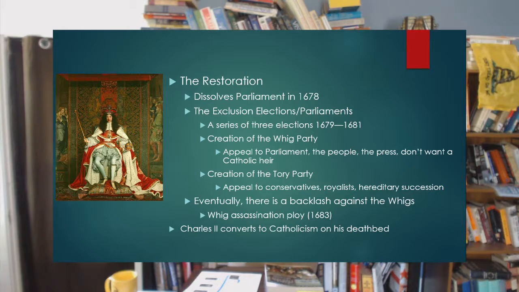They don't want Catholicism. The Tories are more of a monarchy, a royalist political party. Eventually, the exclusion parliaments are very Whig-dominated, but politics is a pendulum. It always swings back and forth. And eventually, when Charles II dies, he converts to Catholicism on his deathbed.